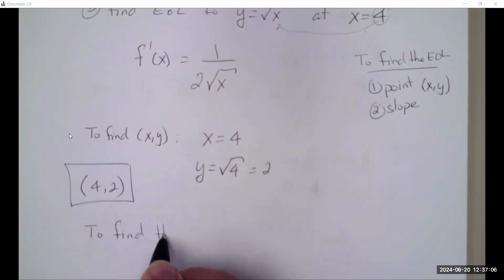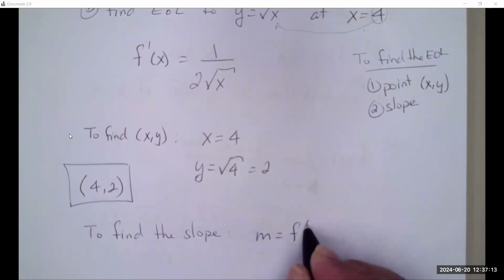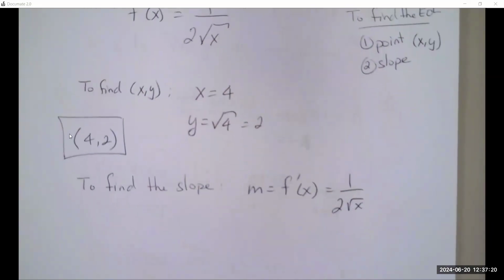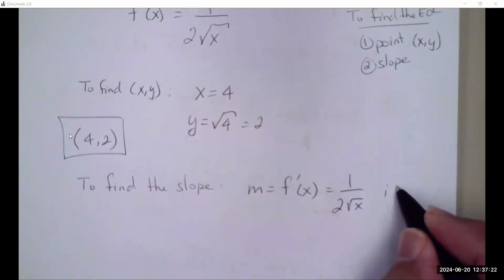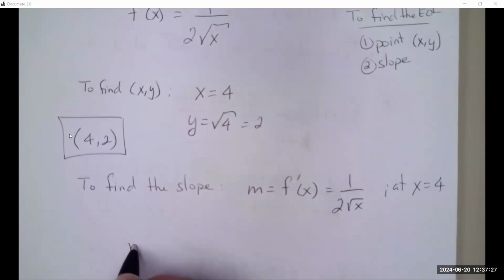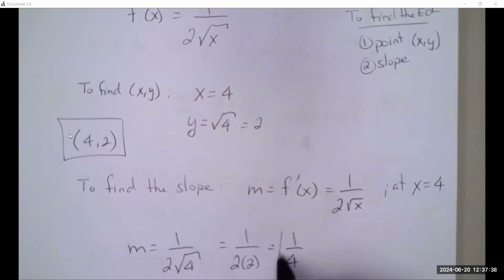To find the slope, the slope is equal to the first derivative, which is 1 over 2 radical x at x equals 4. So the slope is 1 over 2 radical 4, which is 1/4. This is our slope.